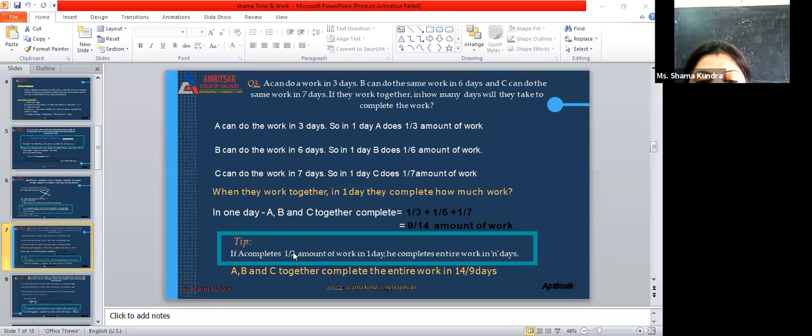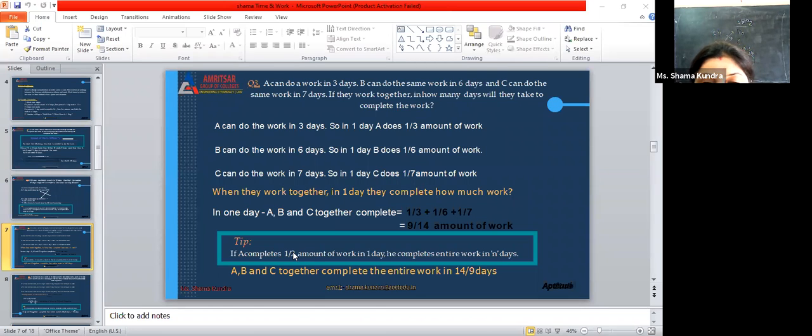So when A, B, C are working together, they will finish 1/3 amount of work plus 1/6 amount of work plus 1/7 amount of work in 1 day. On taking LCM, you will get 9/14 amount of work.